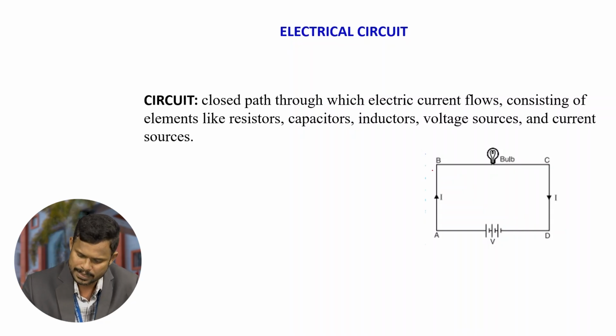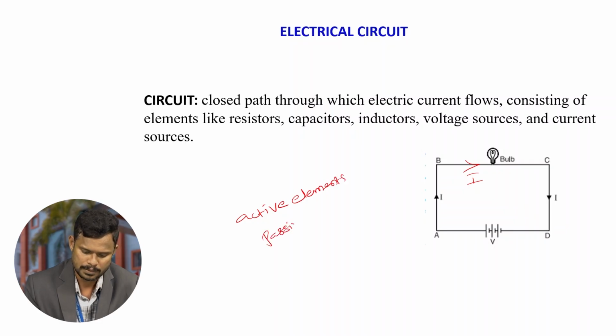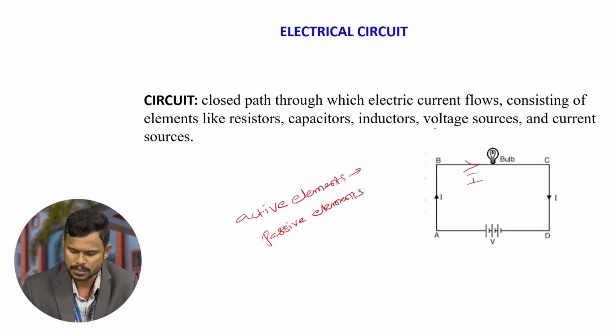This circuit consists of active elements and passive elements. Voltage sources and current sources are active elements. Active elements are able to deliver energy.